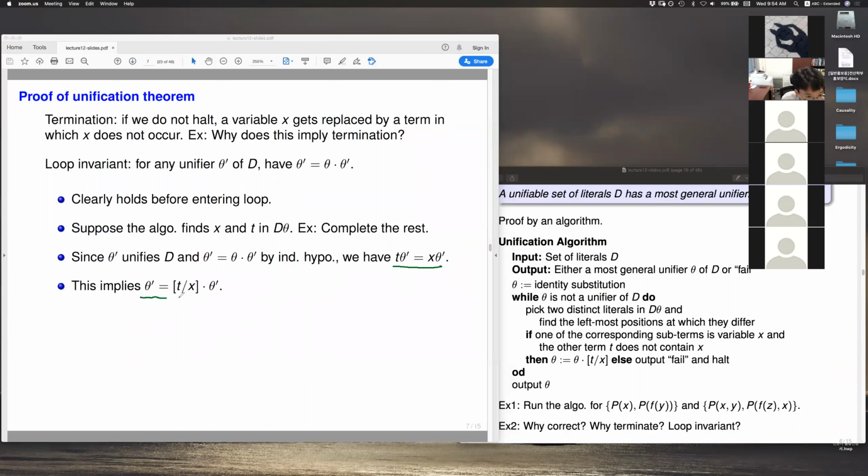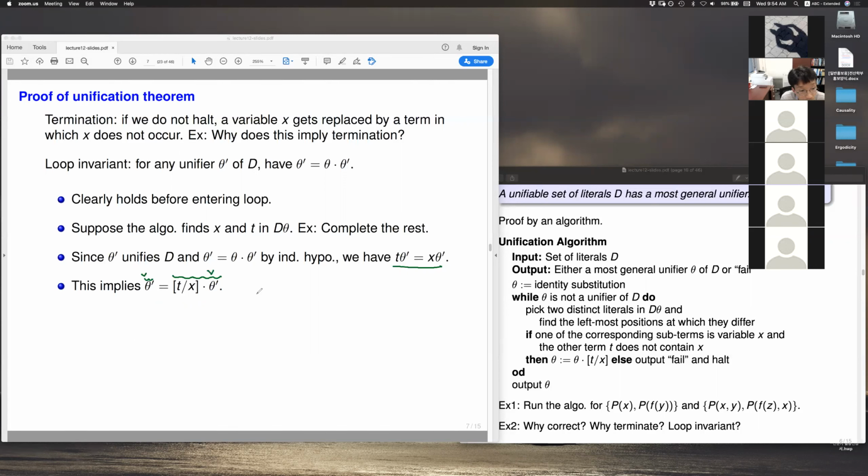Now, if you compare the term on the left-hand side of the equality and the term on the right-hand side, the difference between them only happens on variable x.